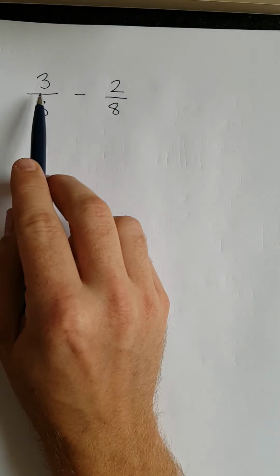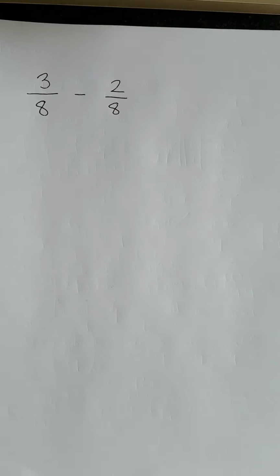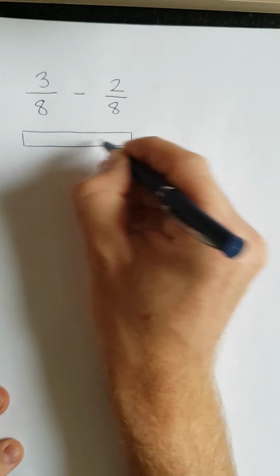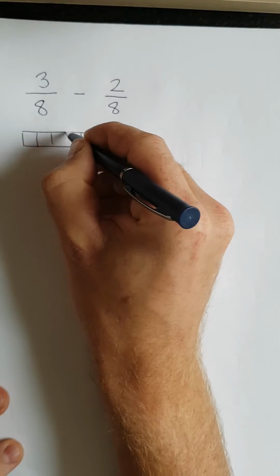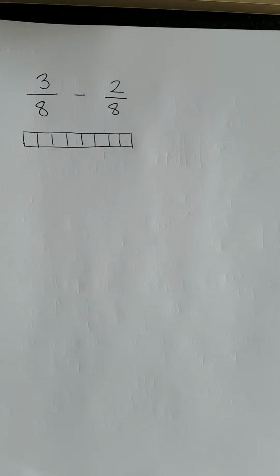If I have 3/8 and I take away 2/8, what do I have remaining? Well, here is my whole one, cut into 8 pieces.